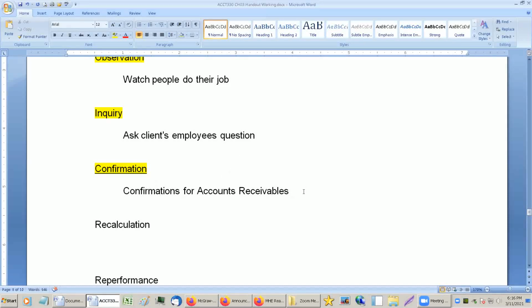This is actually one that's required. All right, so confirmations for accounts receivable. Basic confirmations are to any third party, but one of the common ones is accounts receivable.